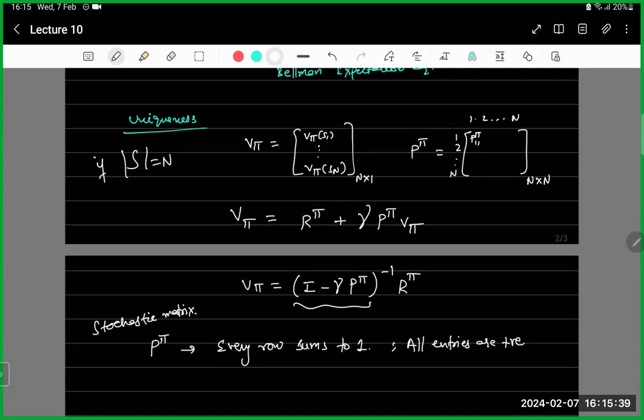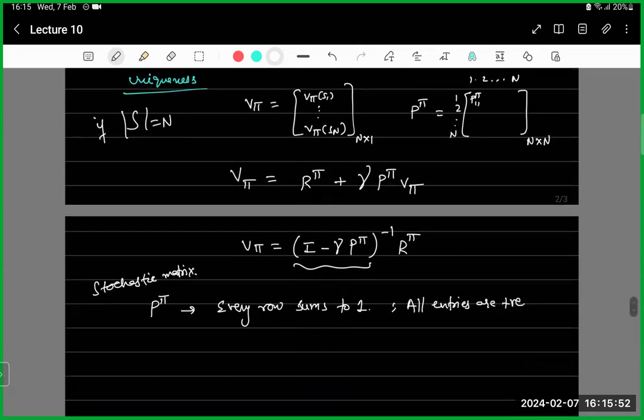So we'll just use a well-known property of a stochastic matrix, which says that the maximum eigenvalue of a stochastic matrix is at most 1. This is a fact which we'll use.